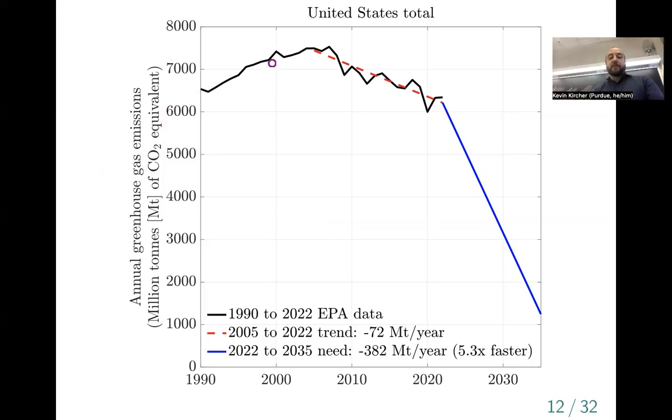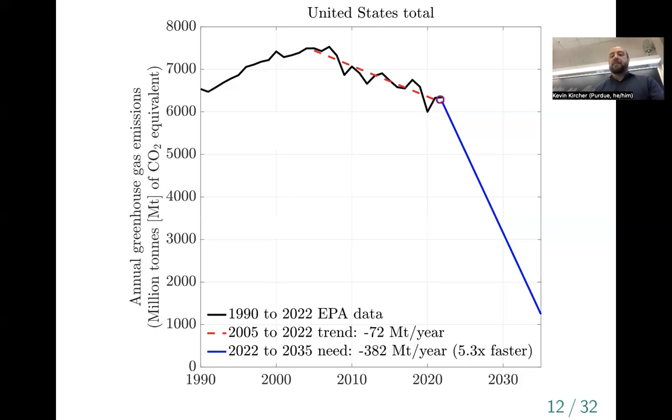And so you can see over time from 1990 to 2005, emissions were rising. And then we've seen a modest declining trend in the US over the last roughly 20 years. There's some noise in this. This drop here was due to COVID, reduced travel, air travel, things like that.